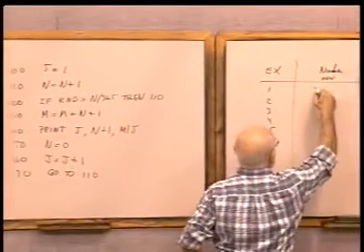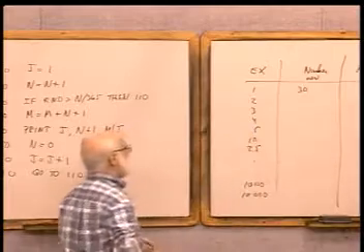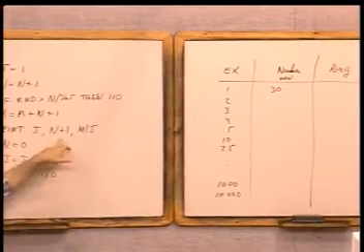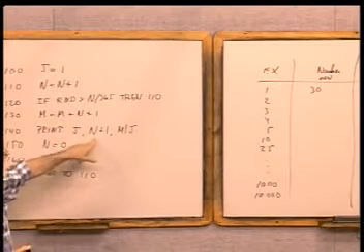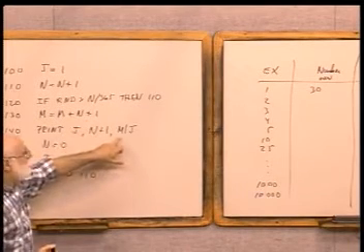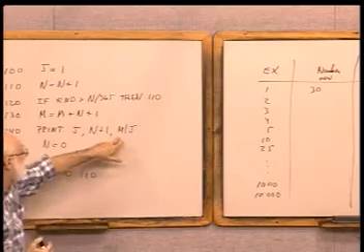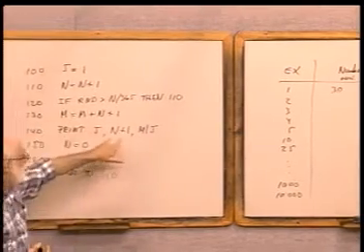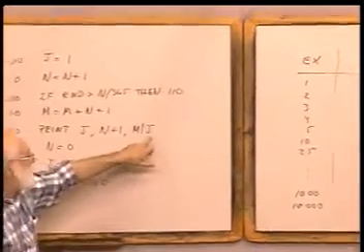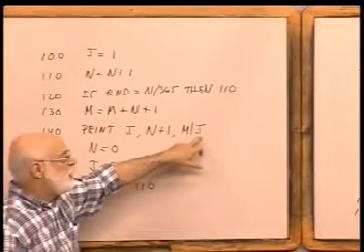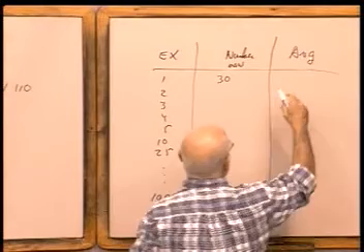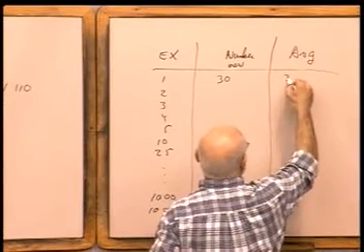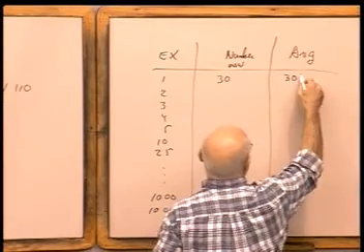So this means that the first time I conducted the experiment, I got a match on the 30th person. Then I take the cumulative number of people questioned so far, which in this case is 30, and I divide it by the number of times I did the experiment, which in this case is 1. So this value would be 30 over 1.